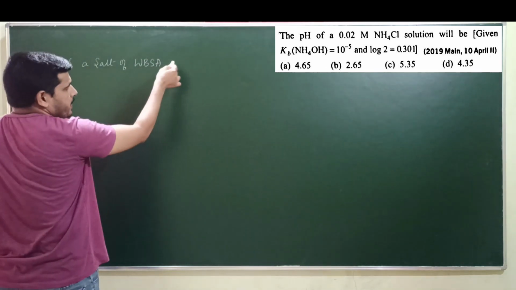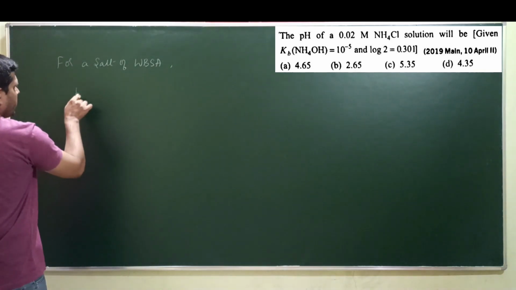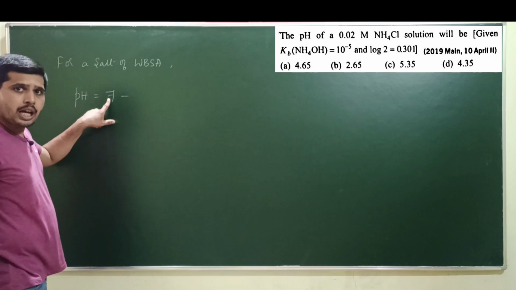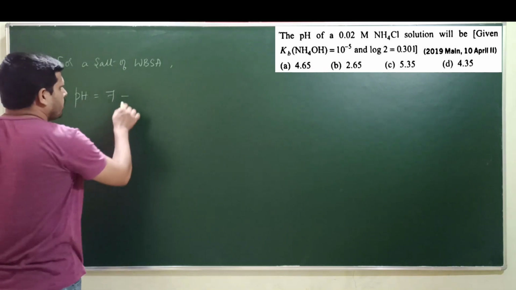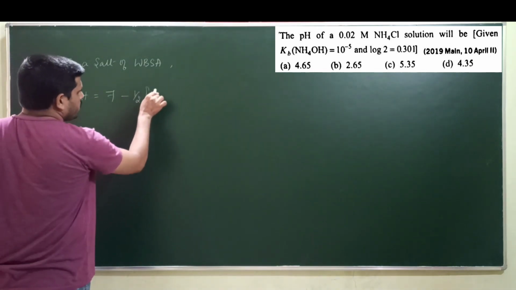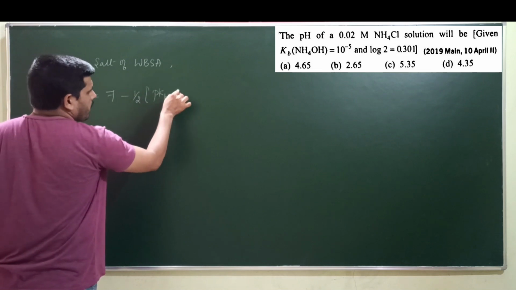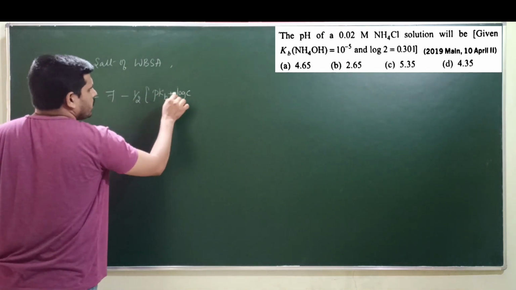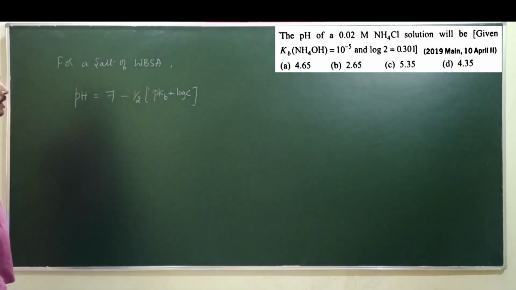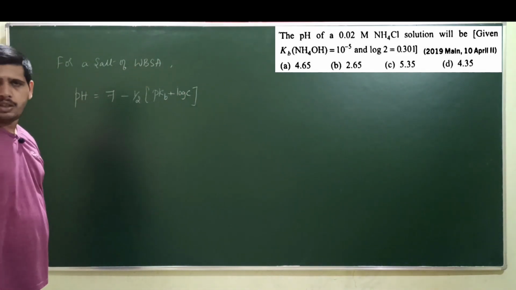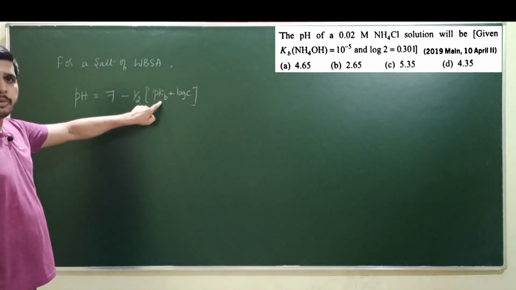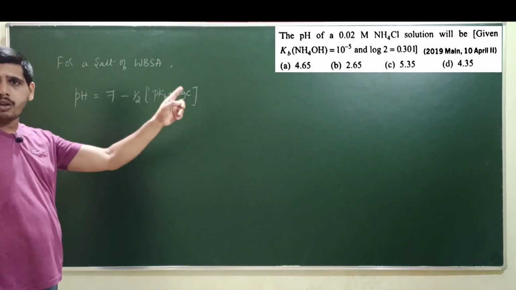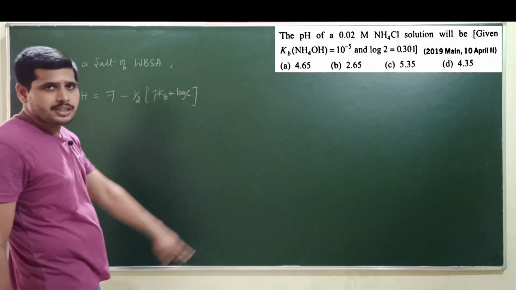For a salt of a weak base and strong acid, pH is equal to 7 minus, how do you get 7? Half of pKw, which is 7, minus 1 by 2 into pKb plus log C. So this is the formula to calculate the pH of a weak base strong acid salt. Now pKb can be calculated because Kb is given, pKb equal to minus log Kb, and log C is for the 0.02 concentration.